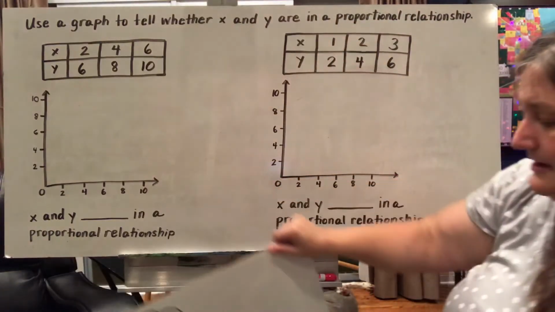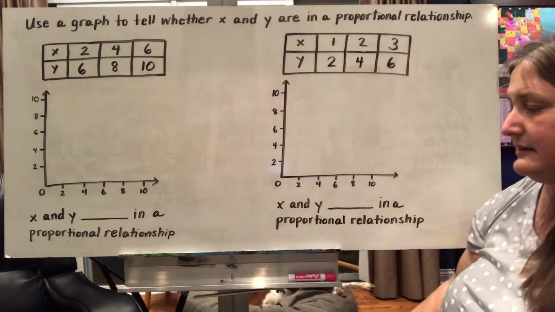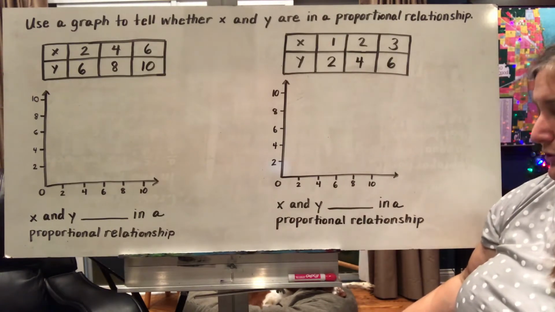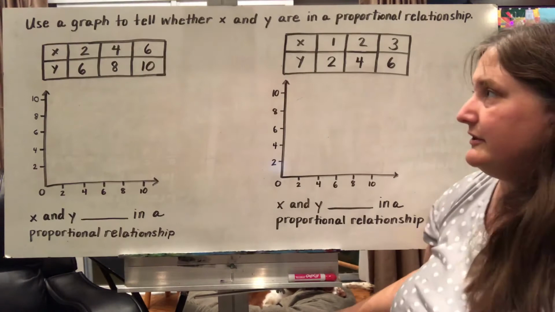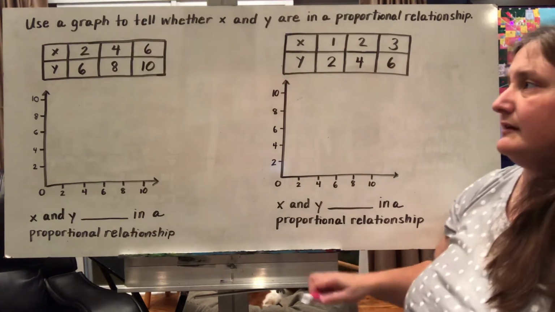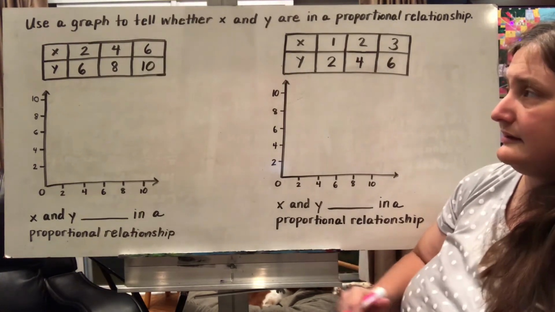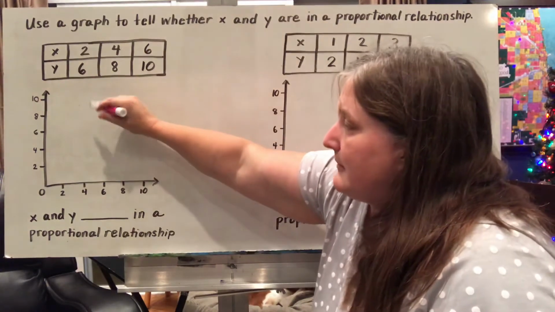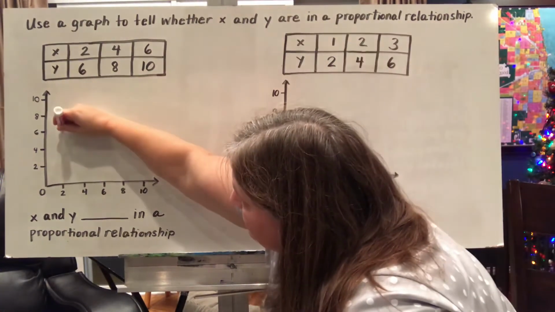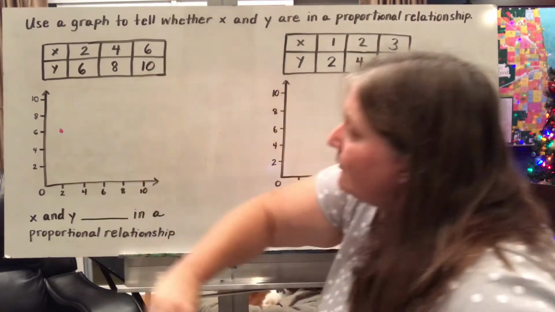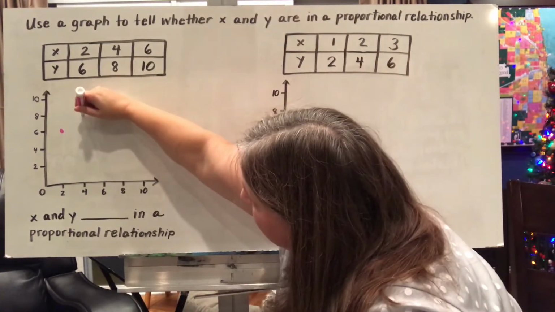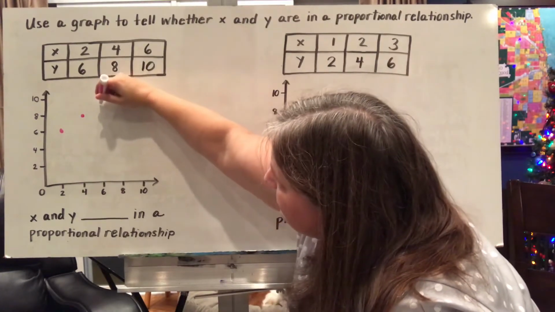So let's analyze some other data and see if that actually forms a proportional relationship. In this case, I've been given 3 points: 2, 6, my x is 2 when my y is 6; 4, 8; and 6, 10.